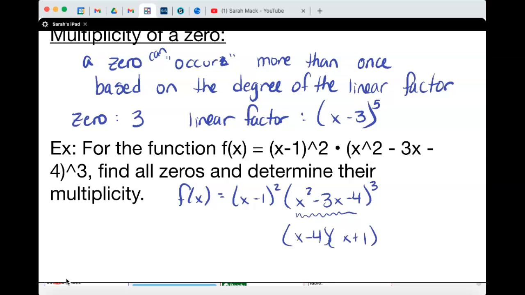Okay. So x squared minus 3x minus 4 factors to be this.